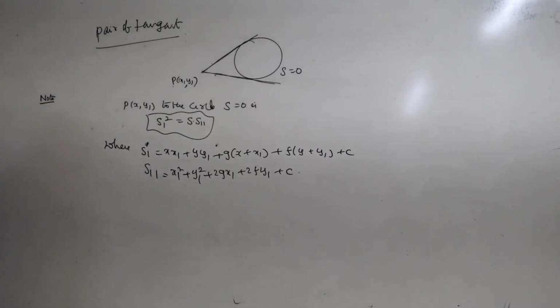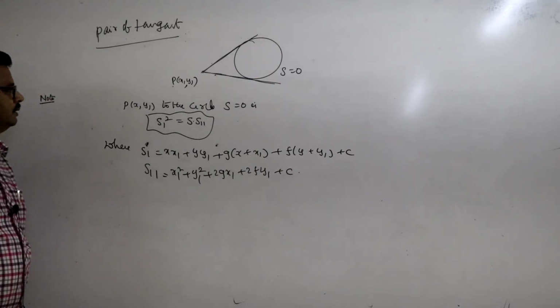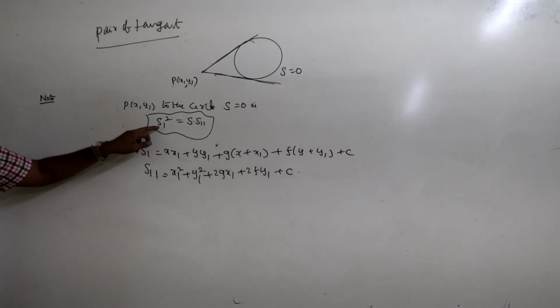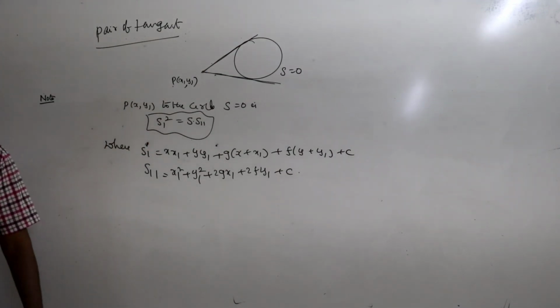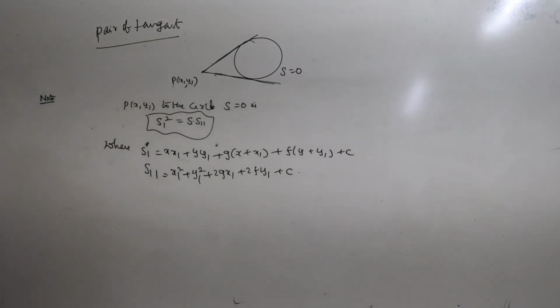The equation of pair of tangents is S1 square is equal to S into S11.